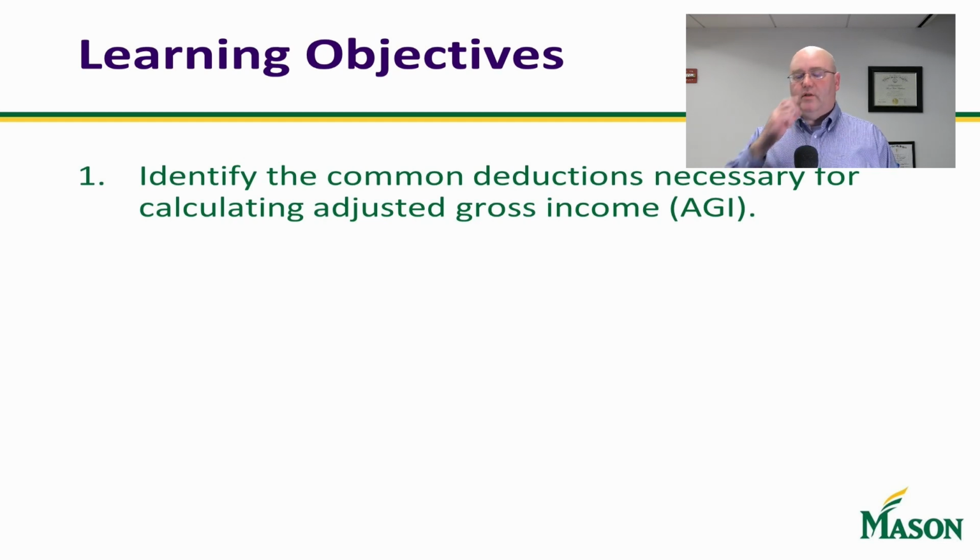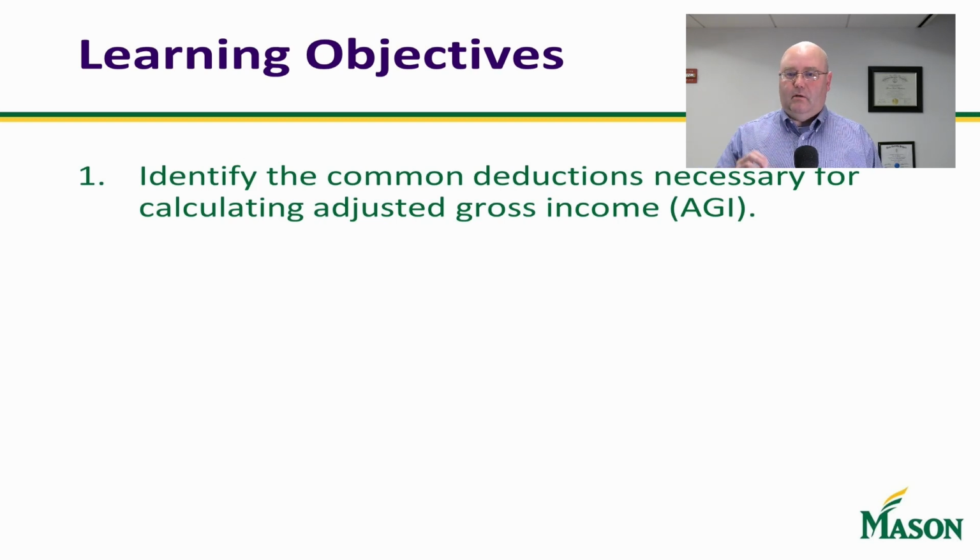Now, what we're going to talk about in this video is what we call the above-the-line deductions. As a hint, above-the-line deductions are seen as more valuable than below-the-line deductions. The main reason is that above-the-line deductions, regardless of whether you are itemizing or using the standard deduction, which we'll talk about more in video 3, are available to you to get AGI lowered.